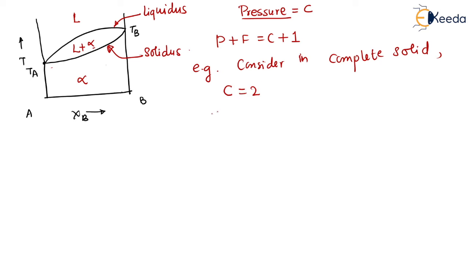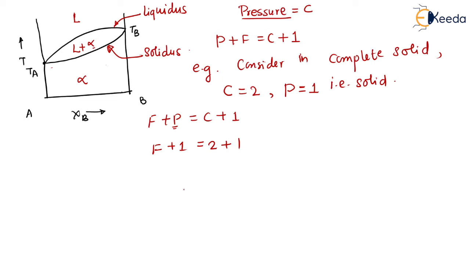Components are two, A and B. And phases: only one phase is there, so P is 1, and that is the solid. Now if I apply the condensed Gibbs phase rule, F plus P is equal to C plus 1, so F plus 1 is equal to 2 plus 1. So you will get the degree of freedom equal to 2.